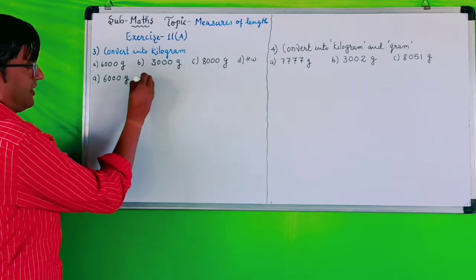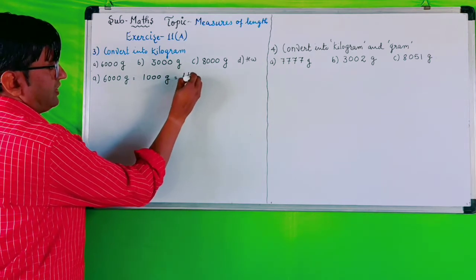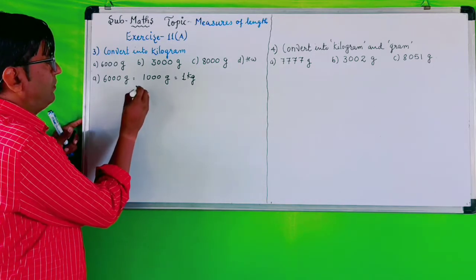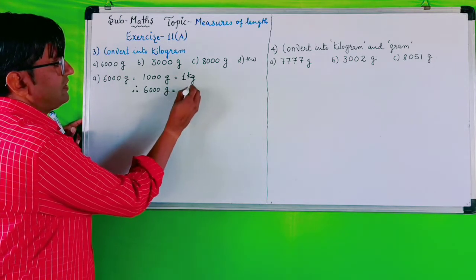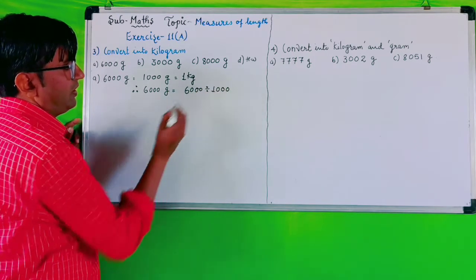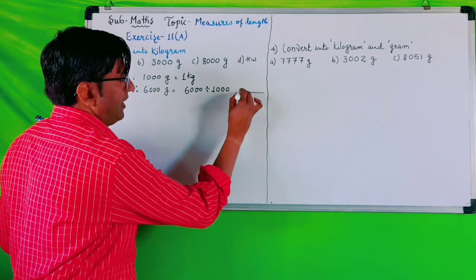I will write here 1000 gram equals 1 kg. Therefore 6000 gram equals 6000 divided by 1000.